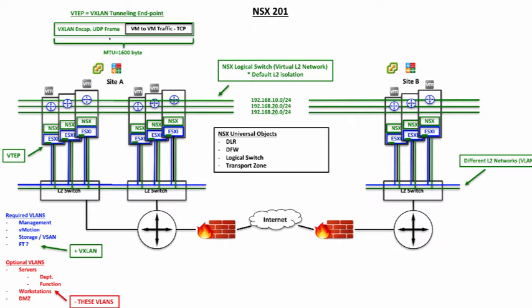Something else I just want to point out here is we haven't had to touch the physical fabric. The only thing we've plumbed in on the physical fabric is the required VLANs we need to make the cluster work. We haven't touched anything on the physical fabric from a virtual machine standpoint. We haven't had to tell the physical network about any virtual machine networks that we need at both sides or one side.